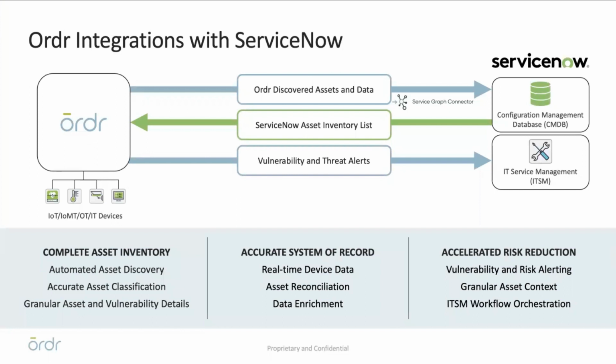So the number one thing is it provides complete asset inventory of your network, including the vulnerability details, accurate system of record with real-time device data and asset reconciliation, and obviously complete visibility into threats, vulnerabilities, and ITSM workflow orchestration.